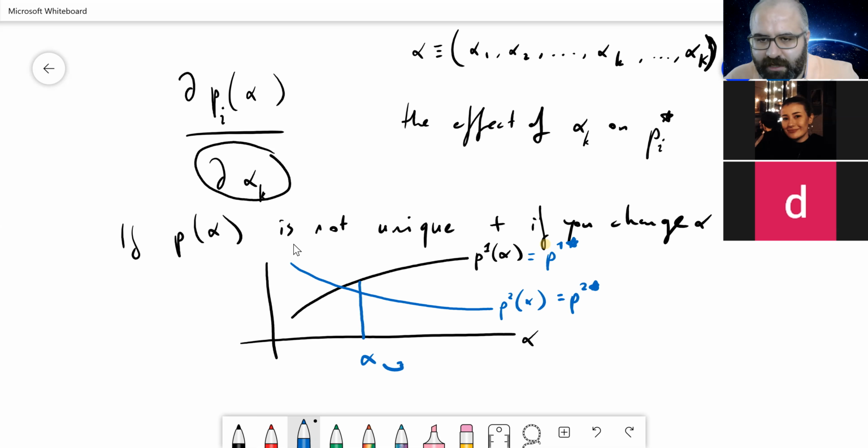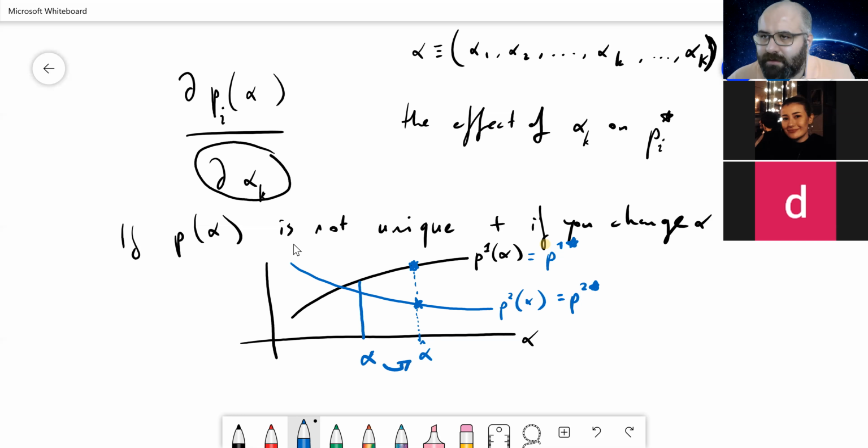Now when you change alpha, do you know where you are? You can be here in this equilibrium, or you can be here in this equilibrium. In static models, it is still okay, not a big difference.